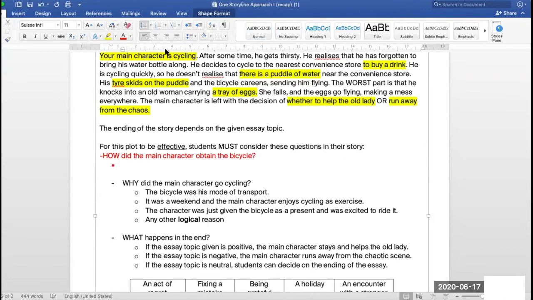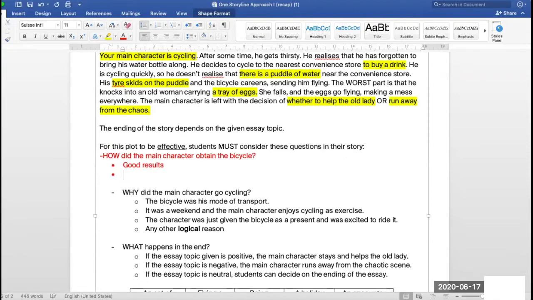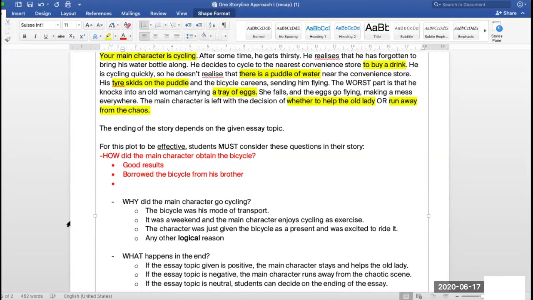Number one, because of good results, he was rewarded. Second, he could have borrowed the bicycle from his brother. And the last one, if it's none of those, generally speaking, he already has one and decides to use this bicycle to go cycling. Any of these reasons are possible.